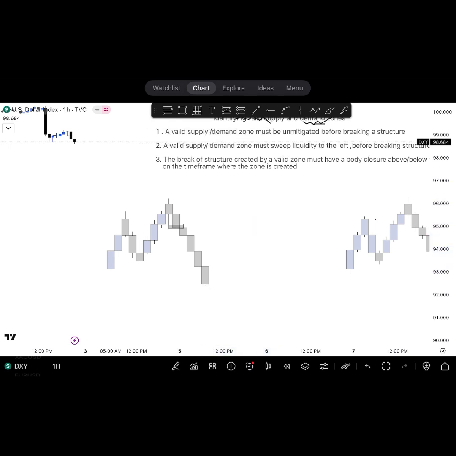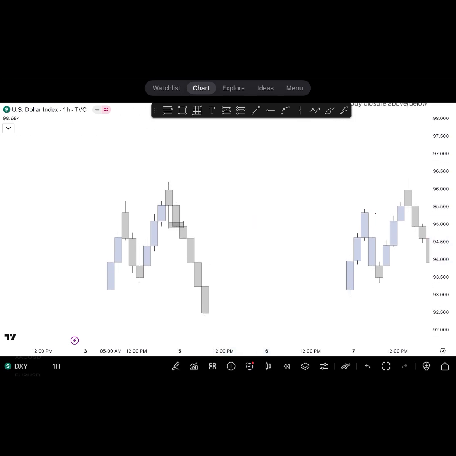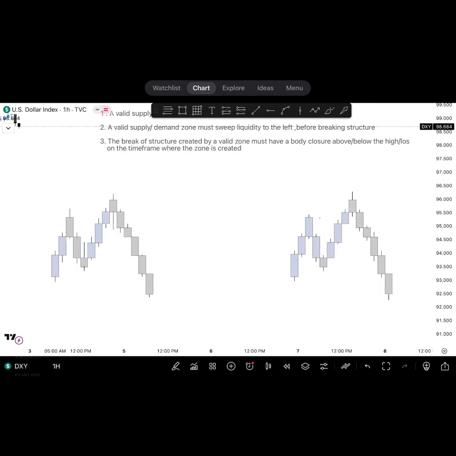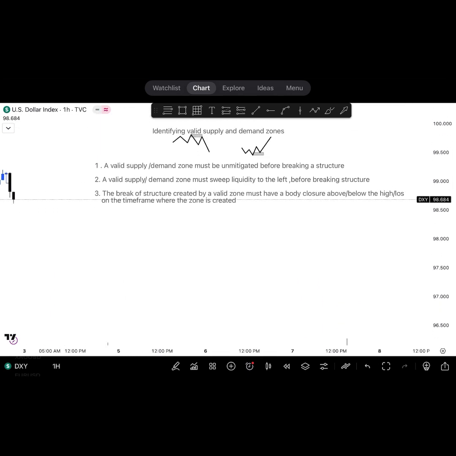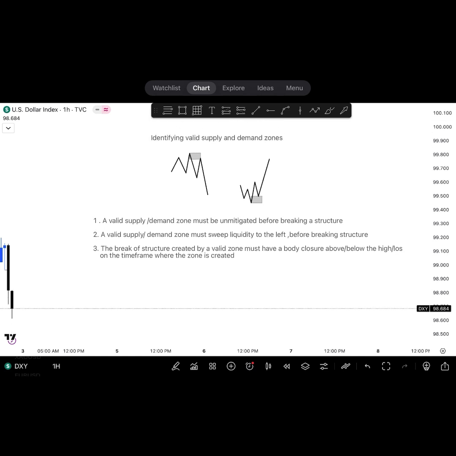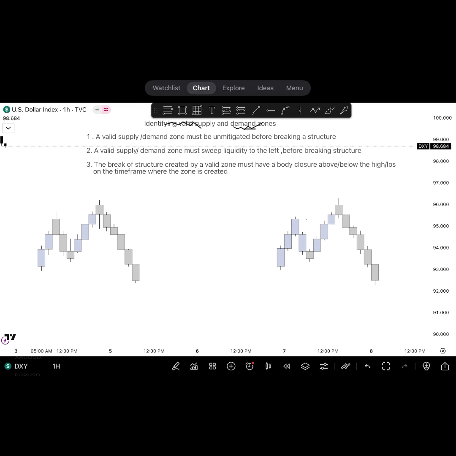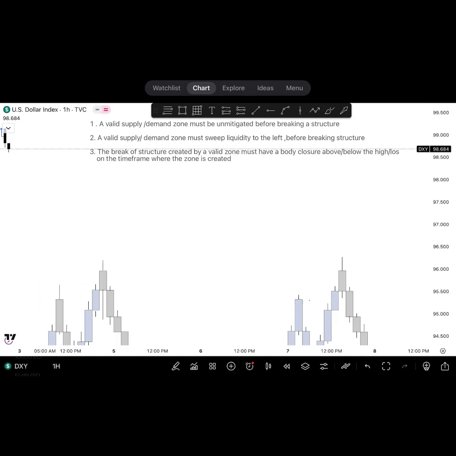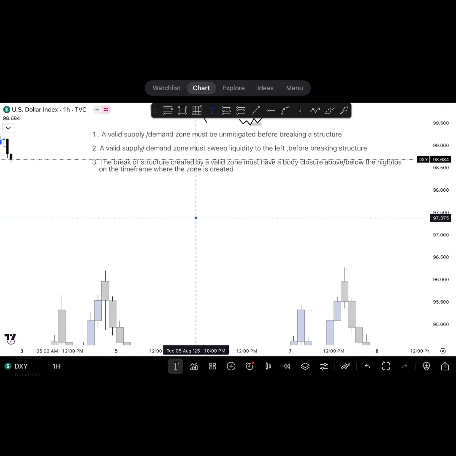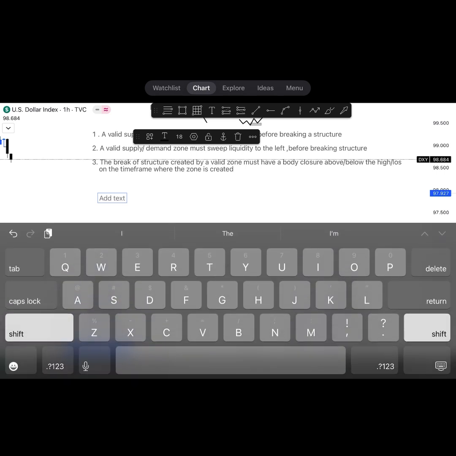And one other thing I want us to realize is that if you want to look for sales, I'm sorry I did not remember to add that to the rules. If you are looking for sales, make sure a valid demand is broken. If you are looking for buys, make sure a valid supply is broken. Let me write the fourth rule.